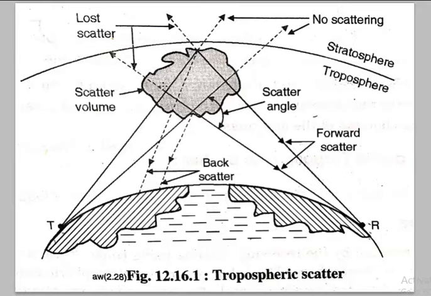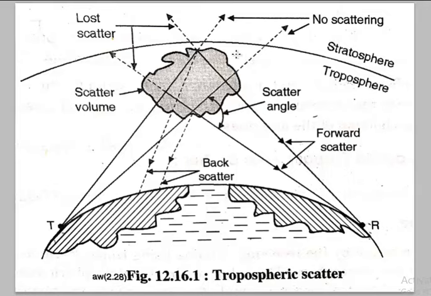So anything which is caught from the scatter volume is meaningful, and the angle which is made between the transmitting wave and the receiving wave is known as the scatter angle, and they should meet at the scatter volume. Both transmitter and receiver should be oriented in such a way that they intersect at maximum area in the scatter volume.